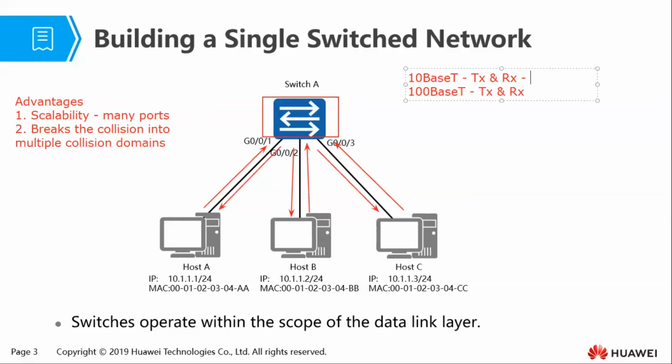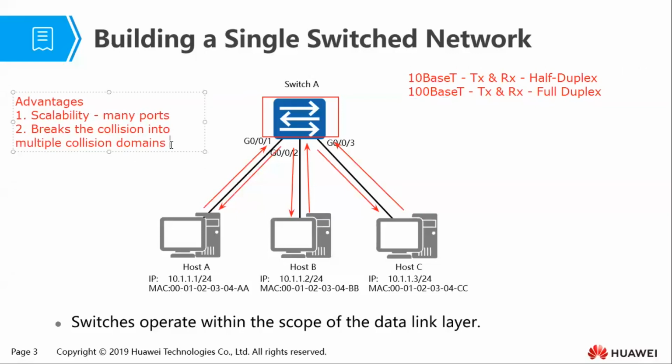What does that mean? 10 base T uses half duplex, while this one can comfortably use full duplex. So when you're using 100 base T, we can't even have collision occurring anywhere here. So it's important to remember that.